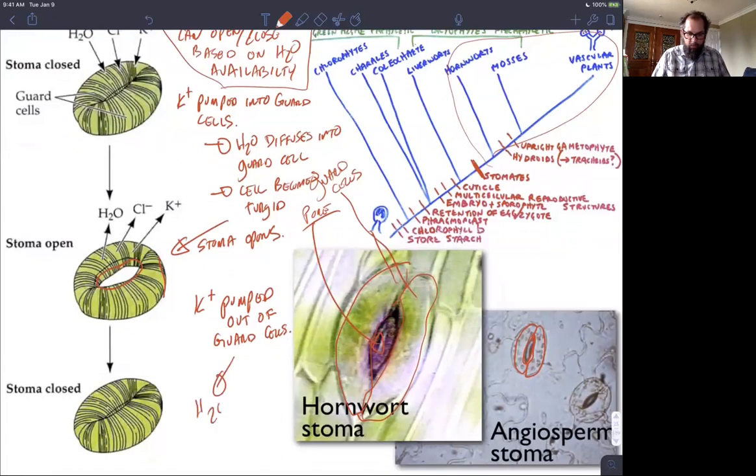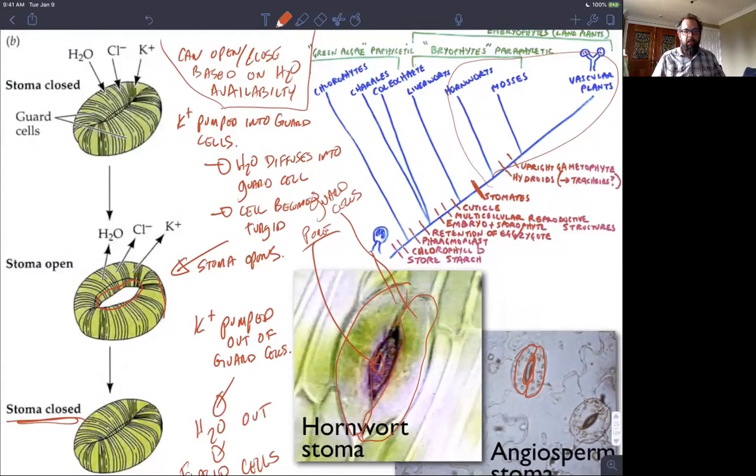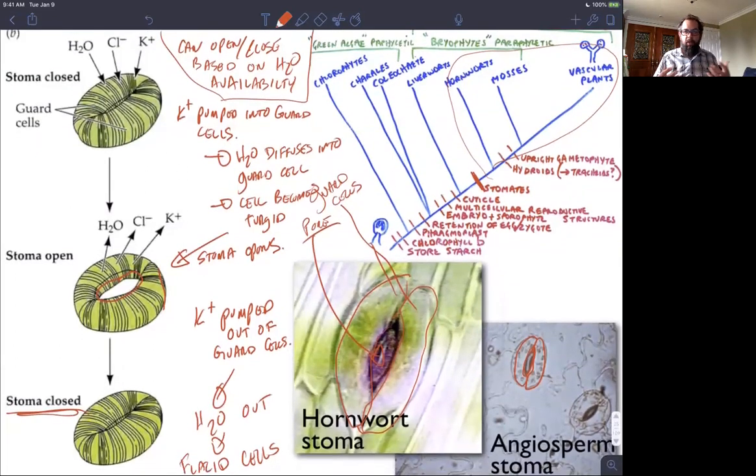So H2O out, flaccid cell, and the stoma closes. And so that's the way that the plant can actually regulate when it's opening and closing its stomata.